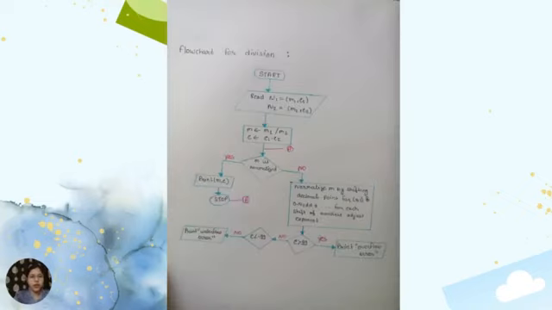error. Flowchart for division. Start again, read n1 and n2. M will be the result of m1 divided by m2 and the exponent will be e1 minus e2. The condition is if m is normalized, if yes, print mantissa and exponent and stop.